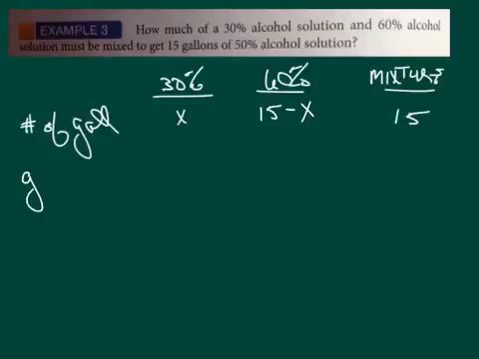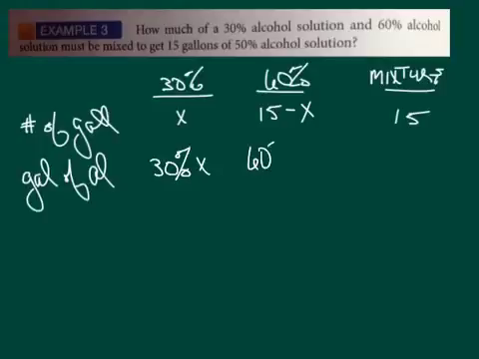Let's look at gallons of alcohol. If this is a 30% solution, if we take 30% of our total in this container, we will get just alcohol. So 30% of x gives how much alcohol is in that first container.